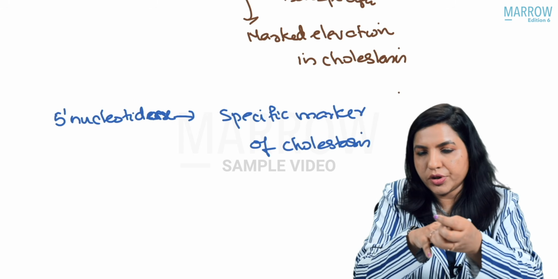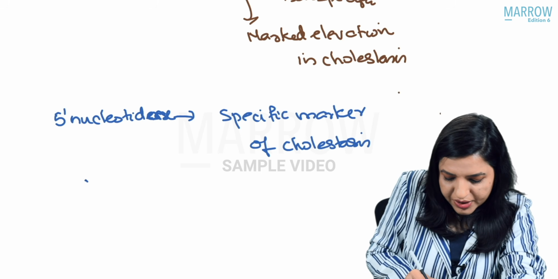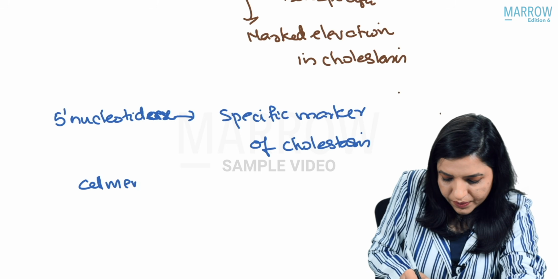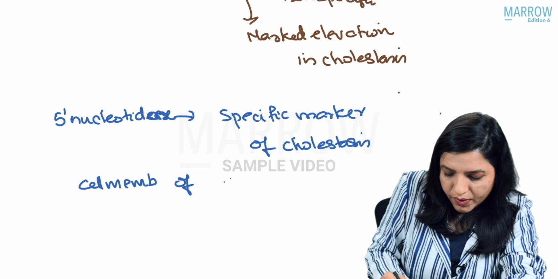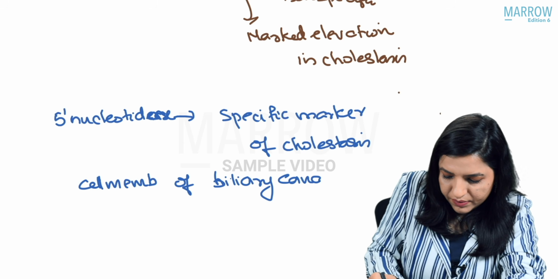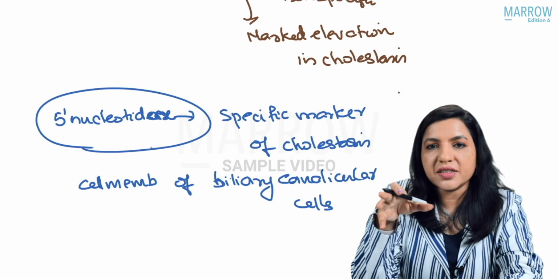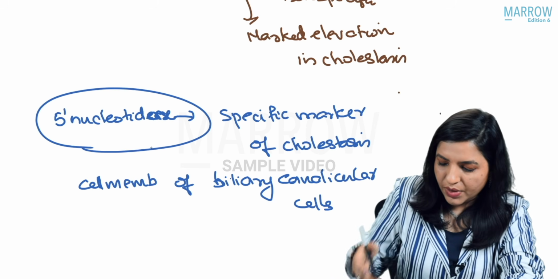It should be 5' nucleotidase. It's a very specific marker, and it is also present in the cell membrane of the biliary canalicular cells, but it is not present at other sites, so that is why it's a specific marker.